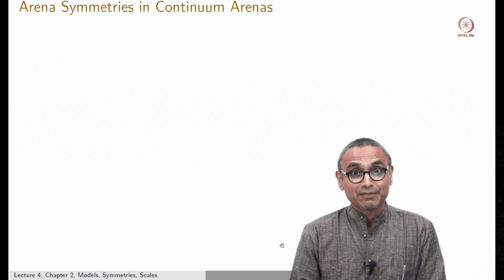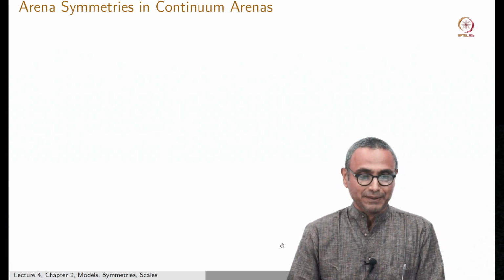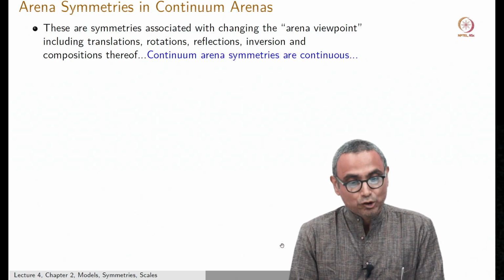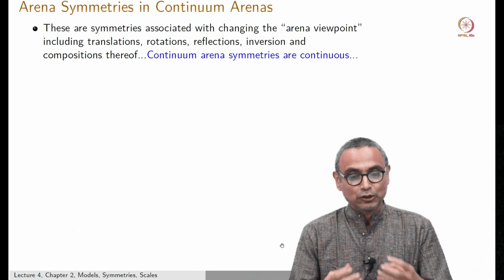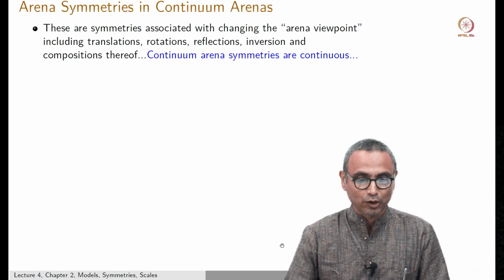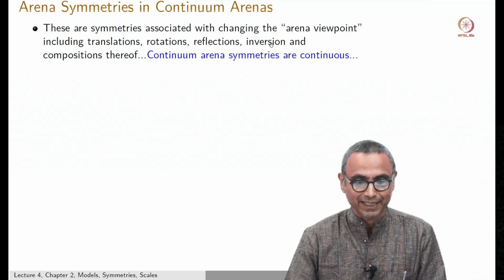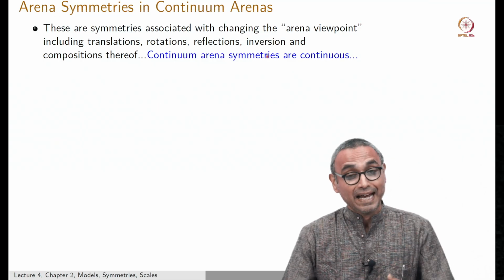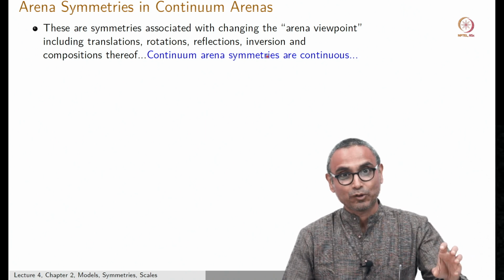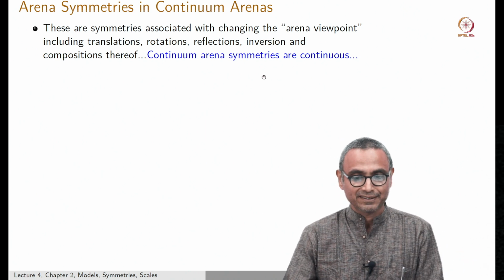And we will first discuss continuum arena symmetries. So, these are symmetries associated with changing the arena viewpoint, right? And these include translations, rotations, reflections, inversion, and compositions thereof. You could translate and then rotate and so on. You can do a variety of things.